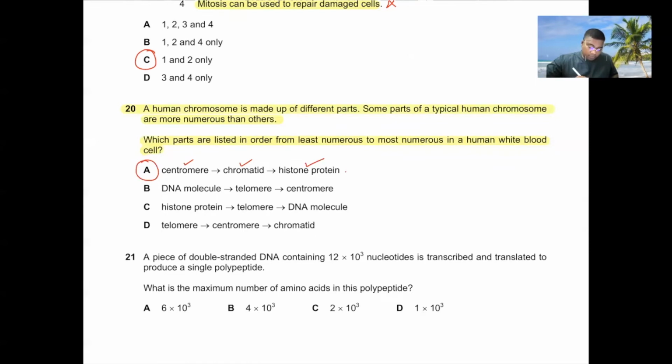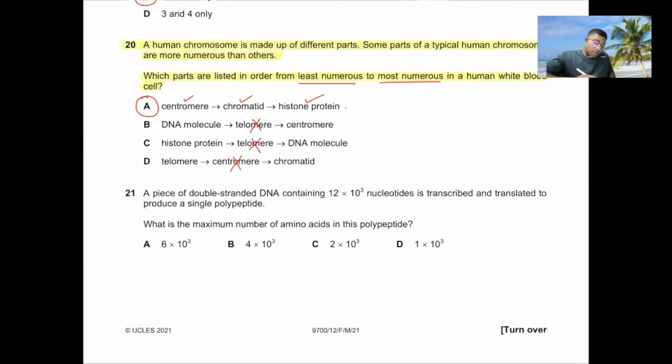DNA molecule, telomeres: there are more telomeres than DNA molecules. Histone proteins and then telomere: histone proteins are more numerous than telomeres. Telomere, centromere, and chromatid: there are more telomeres than centromeres, but it says from least numerous to most numerous. So option A is the correct answer.